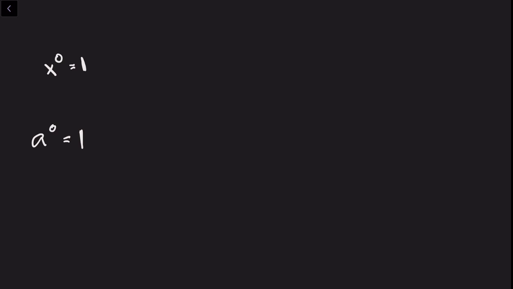It's just going to equal 1. The only thing that a cannot equal is the number 0. So we can say a cannot equal 0, because this won't give us a real number. So if we have 5 to the 0 power, we'll get 1. If we have negative 3x raised to the 0 power, it's still 1. So anything raised to the 0 power is just going to give us 1.